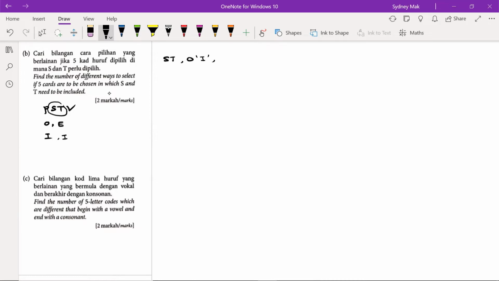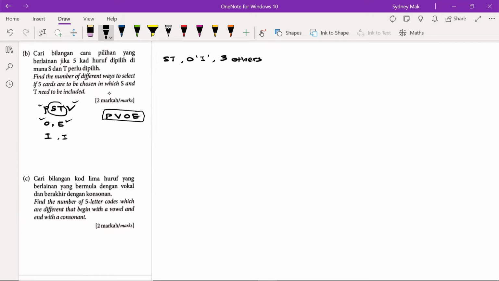When no I is chosen, we have to choose the rest, out of the 4, we have to choose 3 others. That means we have to choose from the remaining 4.